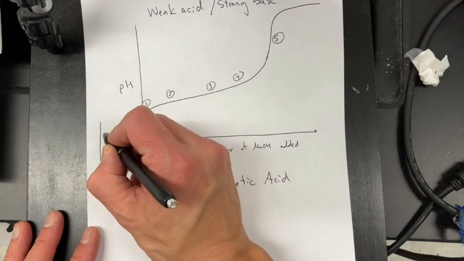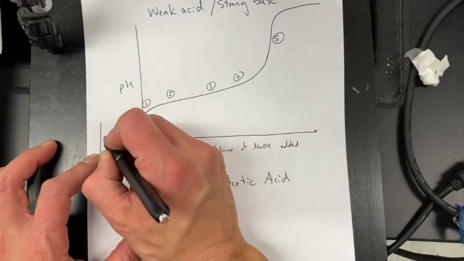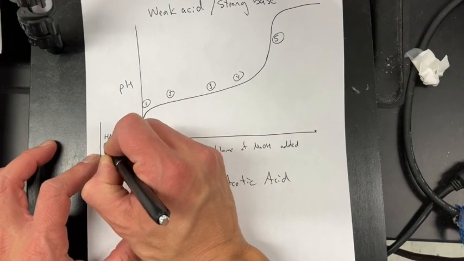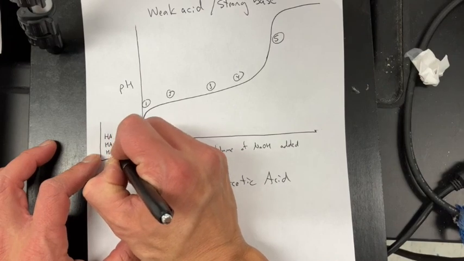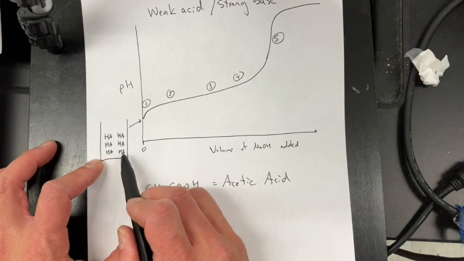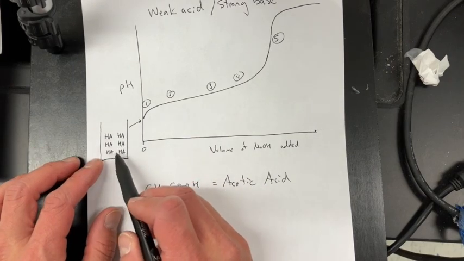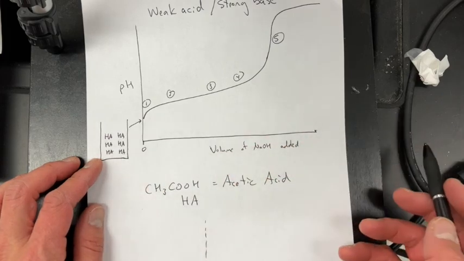So in this beaker here, my weak acid does not dissociate hardly at all because everything wants to stick together. And then we have our weak acid molecules. So I'm going to start with 6 of the molecules here.